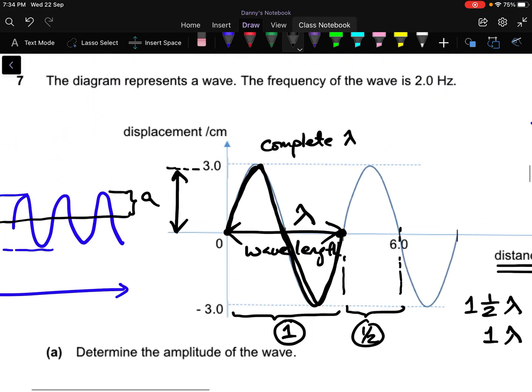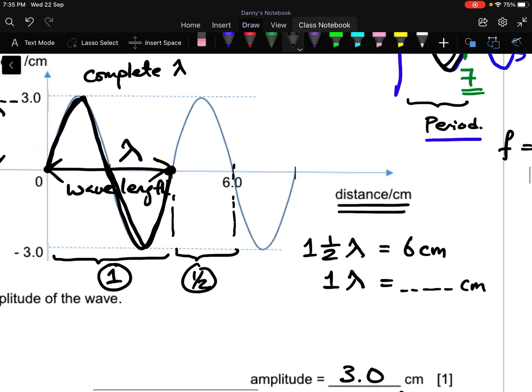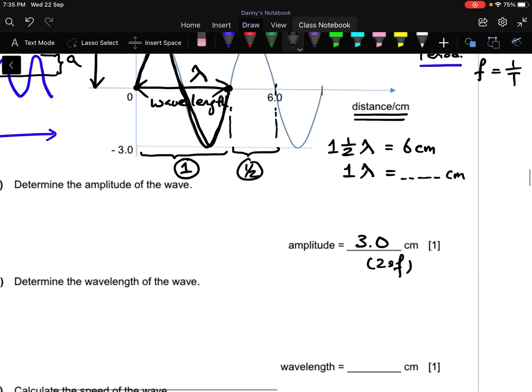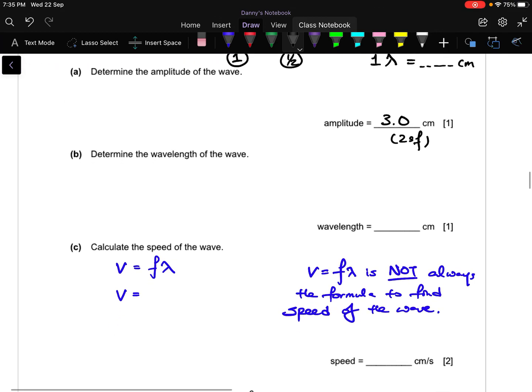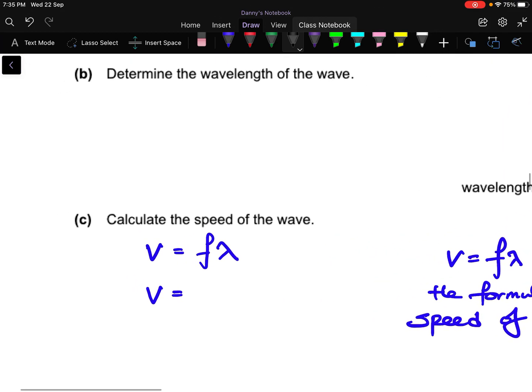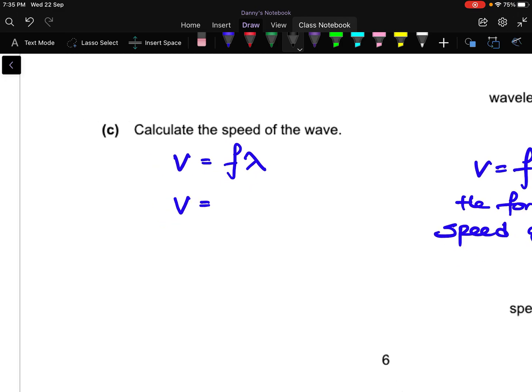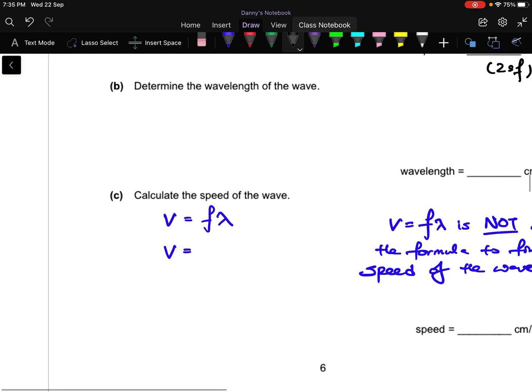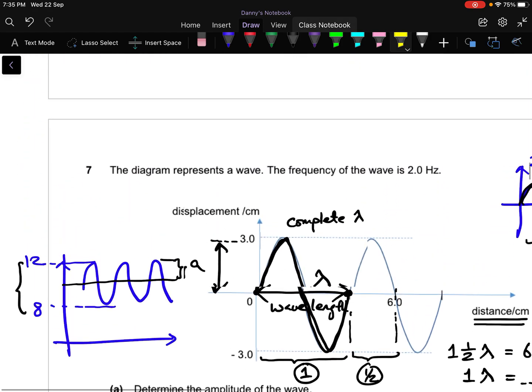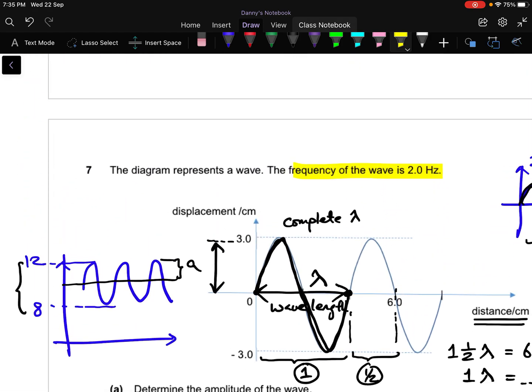Okay, wavelength, I think we have talked about it. Wavelength, you can find it this way now. Okay, I'm not going to do the math for you. For part C, to find the speed of the wave, a lot of students will immediately think of v equals f lambda. Well, in this case, you can do that because you are given the frequency.